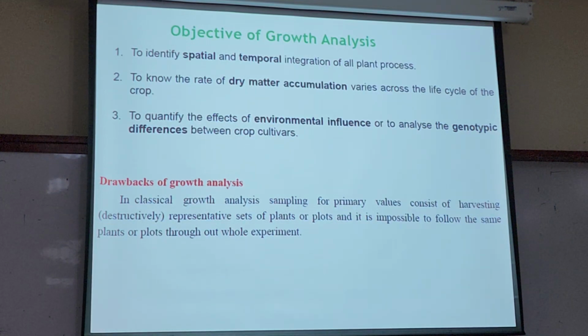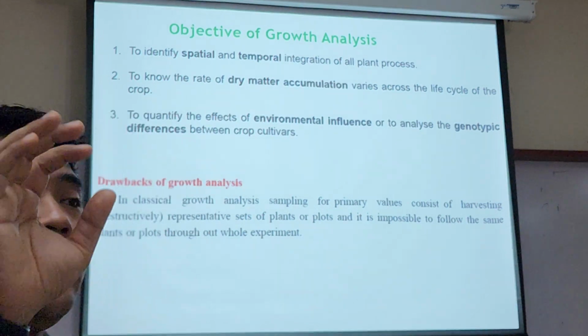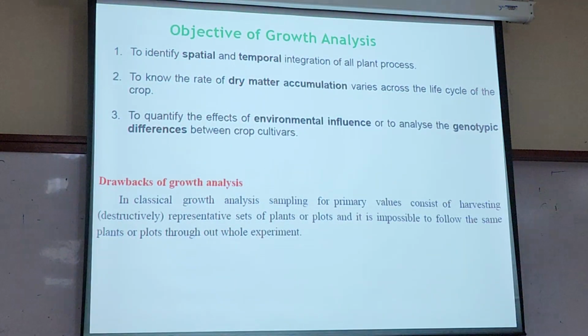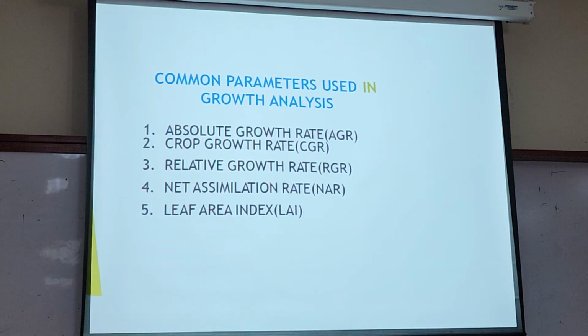I want to demo how to quantify growth analysis. I know in your notes, it only says AGR, CGR, RGR, NAR, and LAI. But I'm not going to demo with these parameters. I will demo using SLA and SLW.